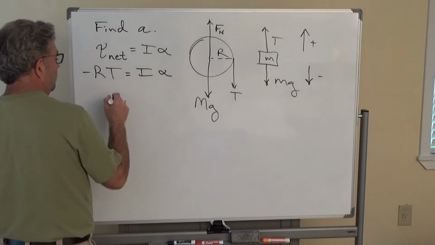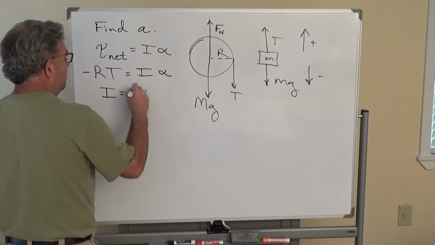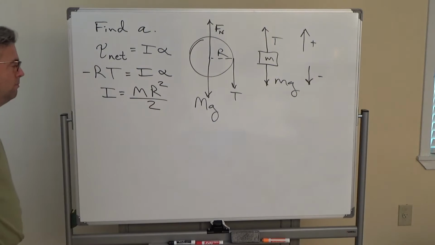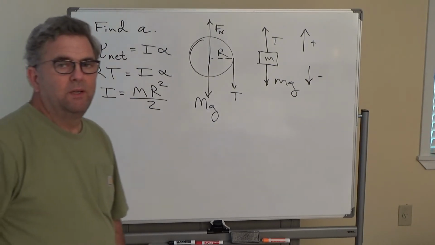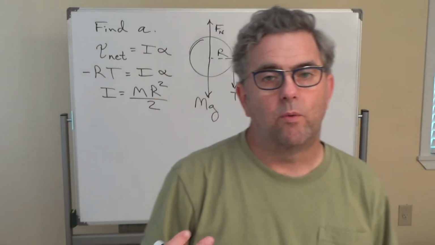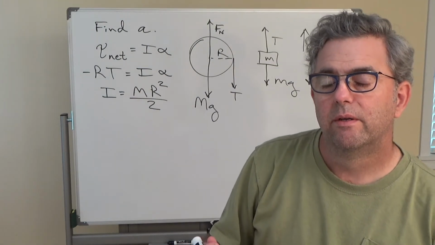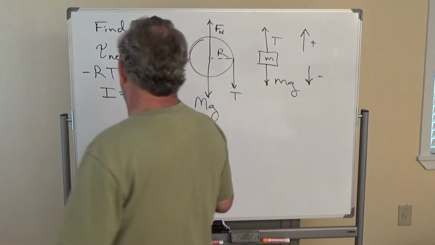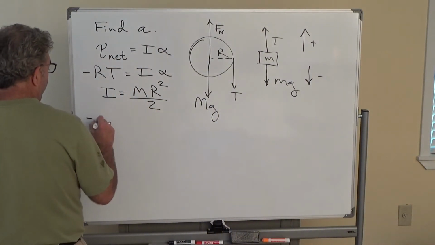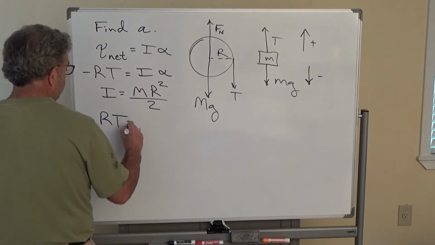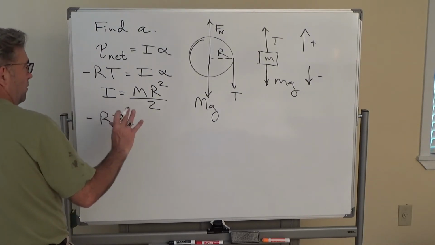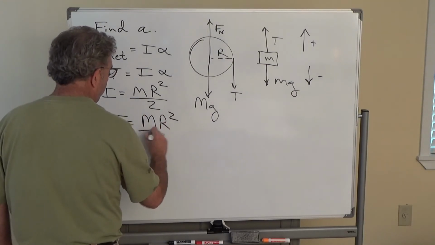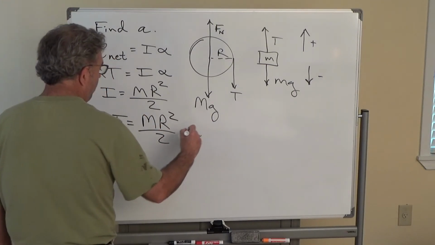This is a disk, so I is equal to MR squared over 2. I'm working this out so I can get to the point where I can solve for the acceleration. So I'm going to plug this in. Negative RT, where T stands for tension, not torque, is equal to MR squared over 2 alpha.